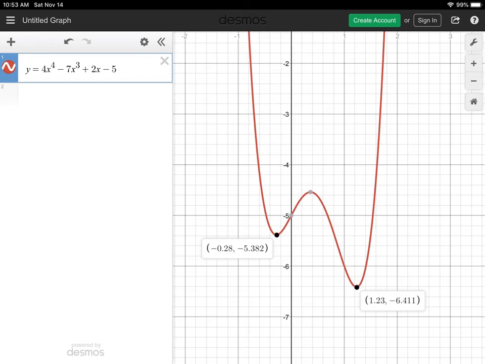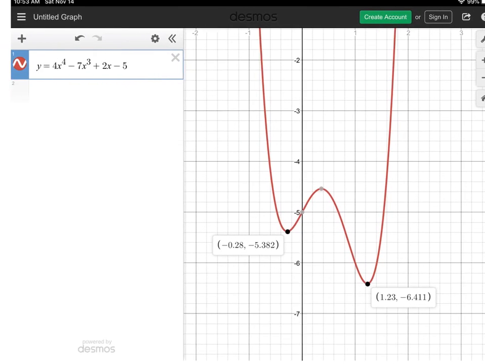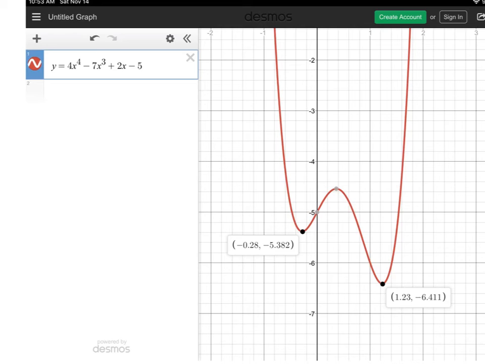Finally, if we had a graph that looks something as so, for x to the fourth minus 7x cubed plus 2x minus 5, we have something a little bit different. So notice that we have here what we call an absolute minimum, right?